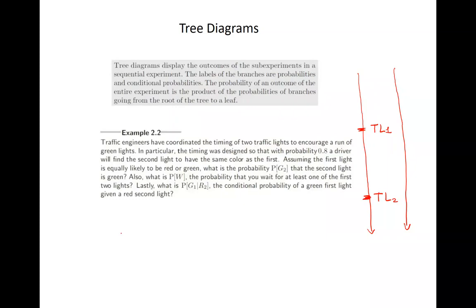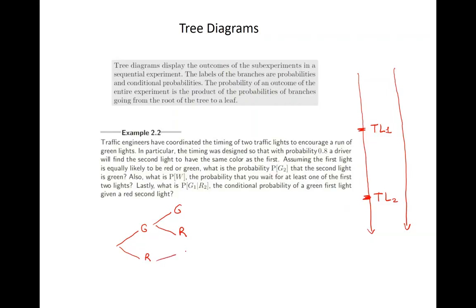Then for traffic light 1, we might have a green or red. If this is green, we pass through and then come across traffic light 2. Then in the next traffic light, there may be a green or red. And if there is a red in the first traffic light, then we wait and then we continue.